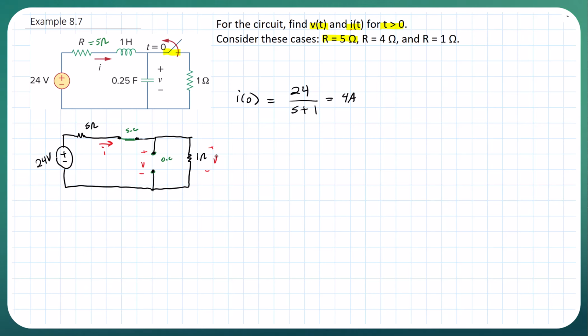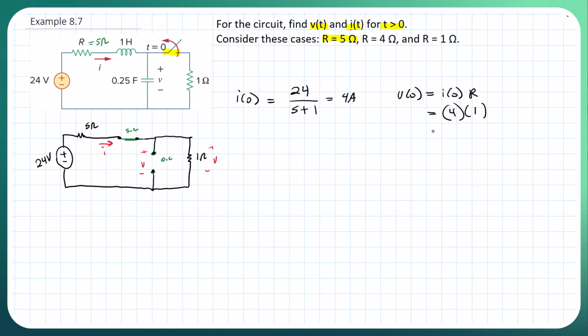And that's going to be V equals IR, so V of 0 is equal to our current, which we just said was I of 0, times R. The R in this case is 1 ohm, and I naught is 4.